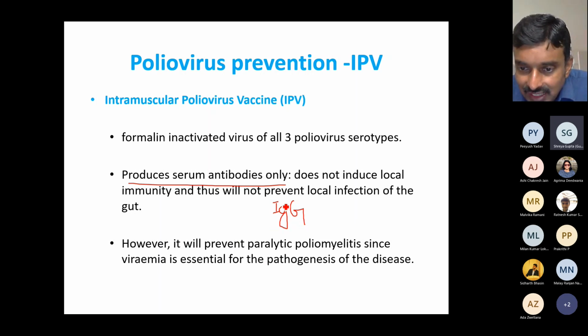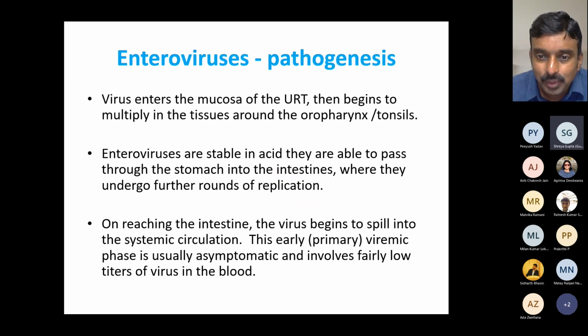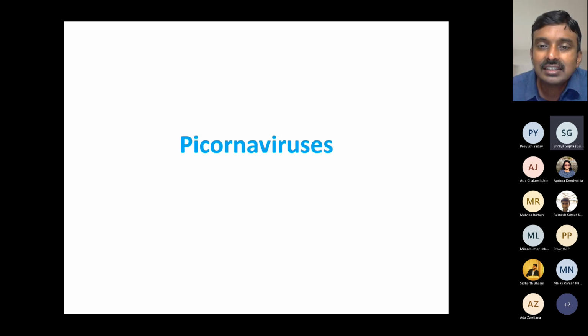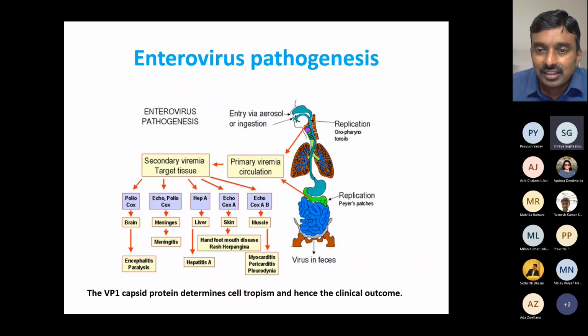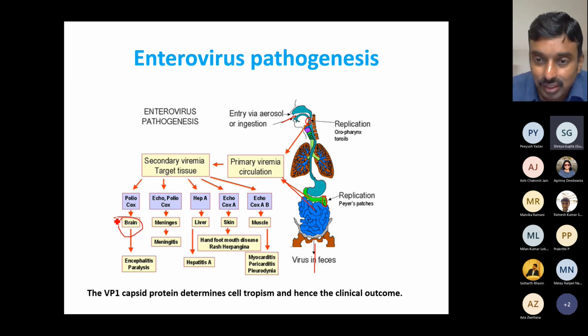Now, will this IgG in the blood prevent poliovirus infection? If you look at the poliovirus pathogenesis, it enters like this. It replicates a little bit in your throat, a little bit in your stomach, is shed in your feces, spills over into the blood, then it goes to the brain. That's how poliovirus works.